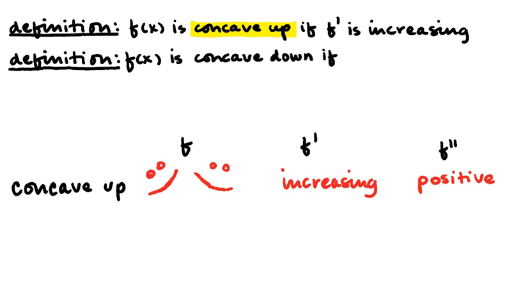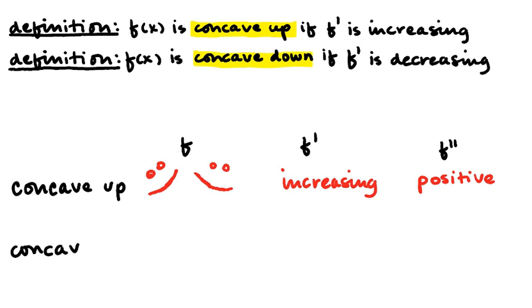Okay, let's take concave down. You might be expecting, I'm going to say f is concave down if f prime is decreasing. So we can go over here and draw some pictures. Let's say concave down.